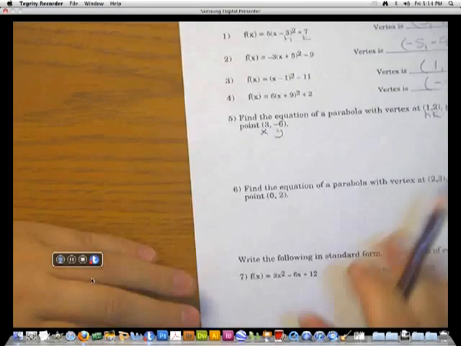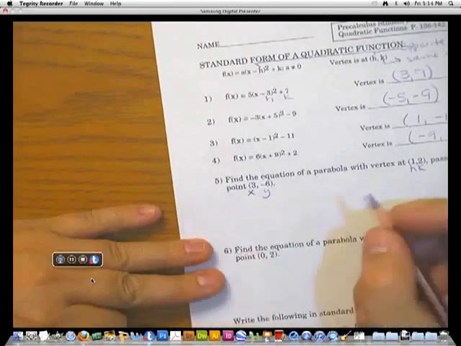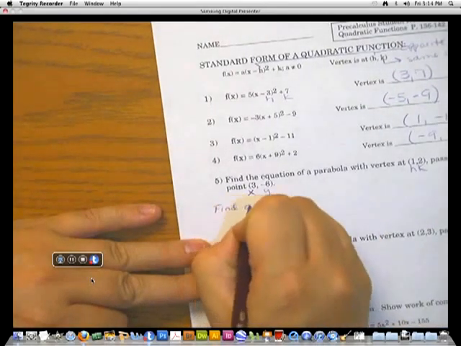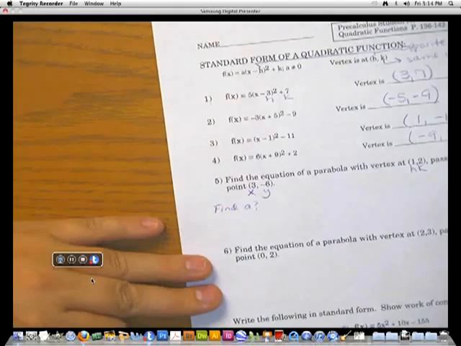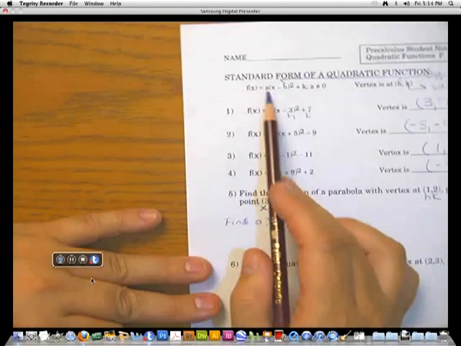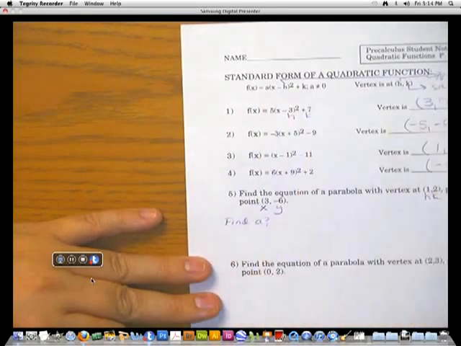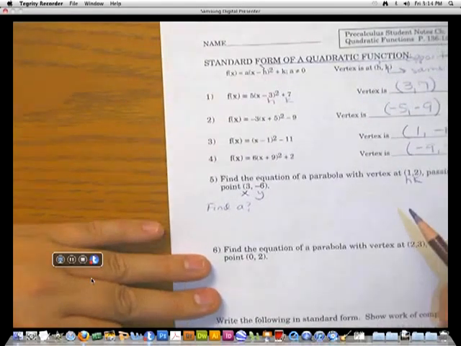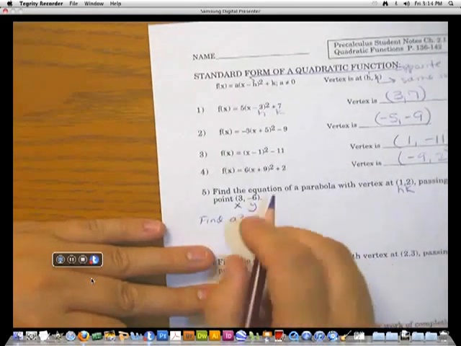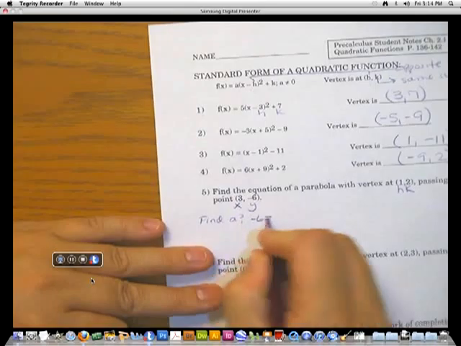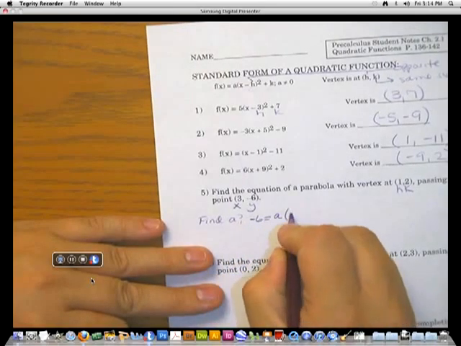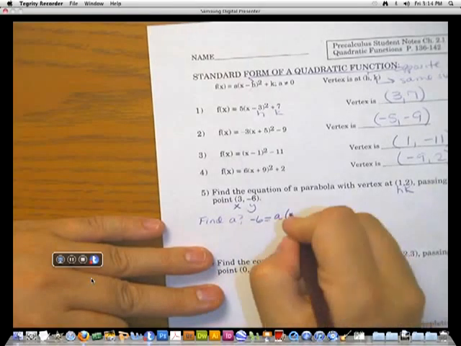So the very first thing you have to do when you're asked to find an equation is you have to find a. So we're going to use our general form up here, the standard form, and we're going to plug everything in except a so that we can find it. So y equals a(x - h)^2 + k, with x is 3.